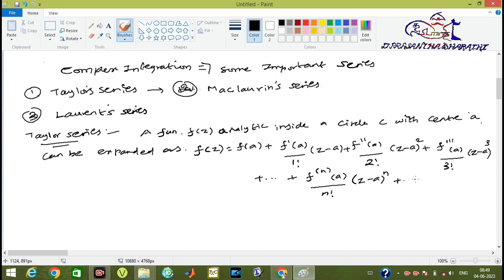This is the expansion of Taylor series, which is convergent at every point inside C. Now, what is this series?